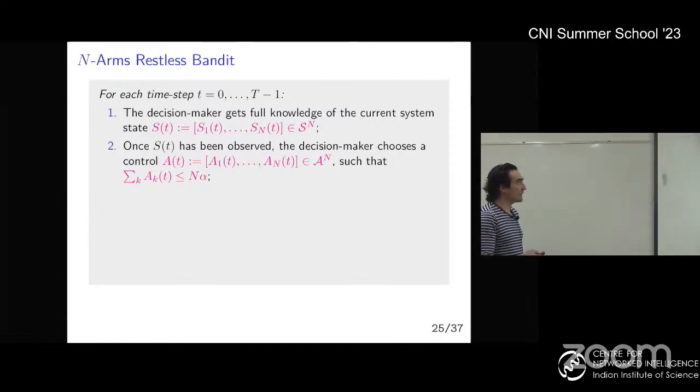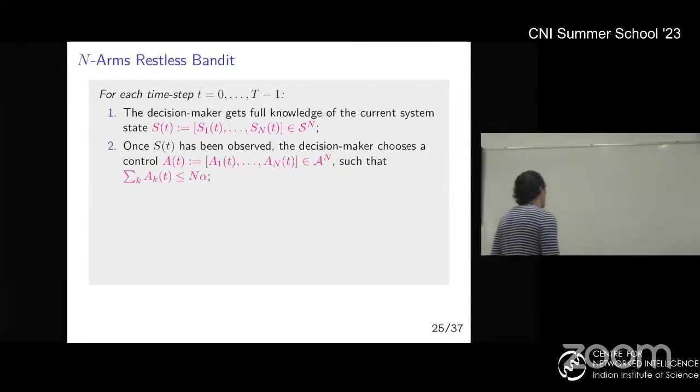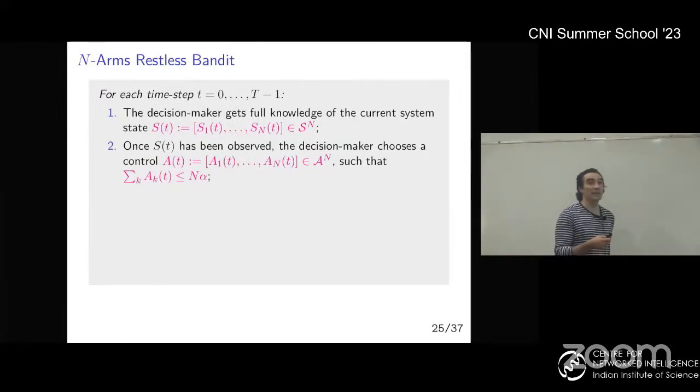And you have a budget, which is an inequality constraint. And you say that you want the number of arms activated to be smaller than n alpha, or more precisely, the proportion of arms which are equal to 1 that are activated should be less than a certain proportion, a certain probability.